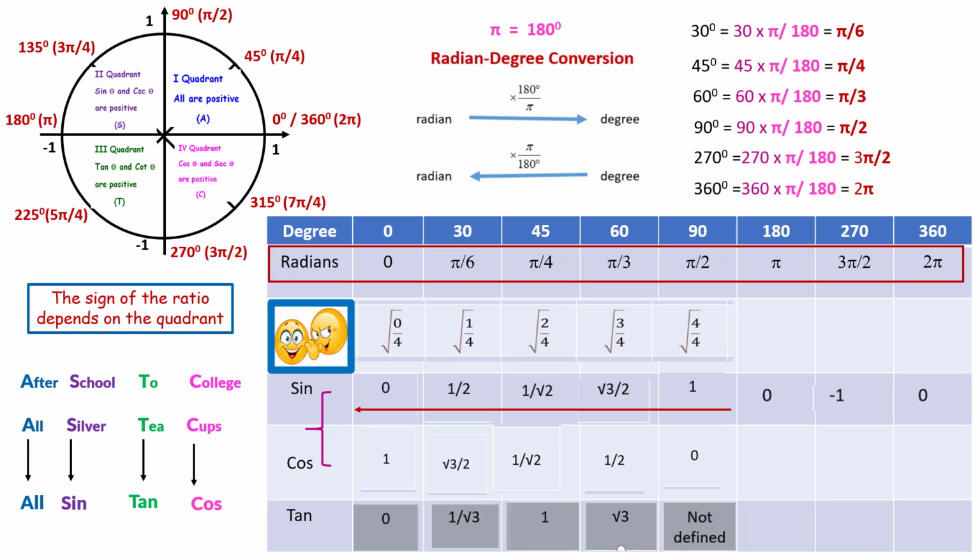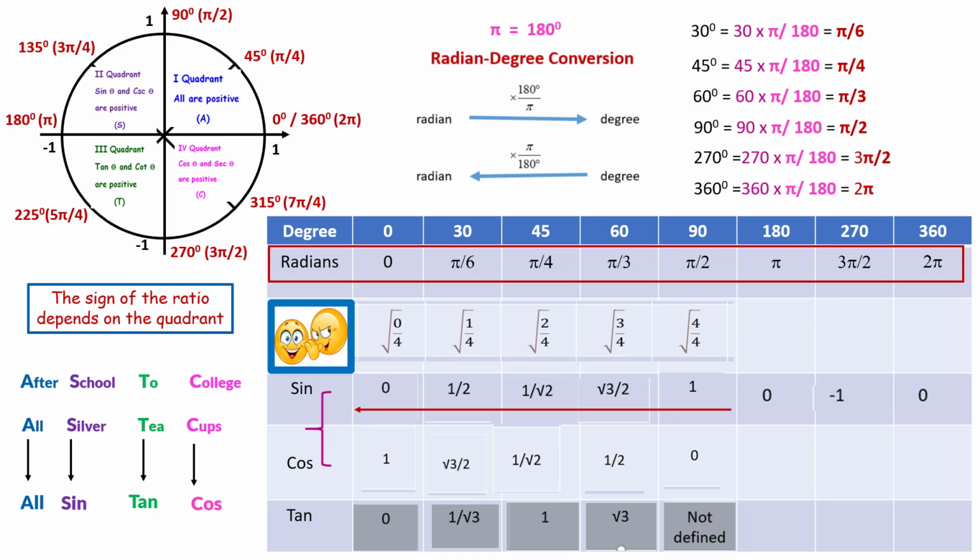But remember, sine 0 will be equal to sine 180 because they lie on the opposite side of a straight line. And sine 180 will be equal to sine 360 because they also lie on the opposite side of a straight line in a circle. And therefore, the values will be the same for sine 0, sine 180 and sine 360.